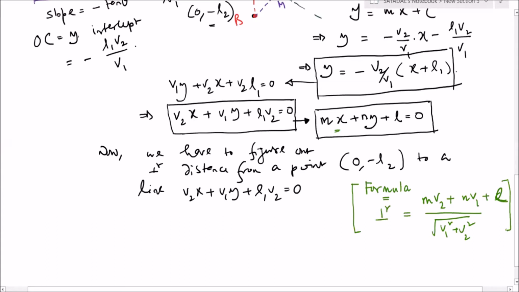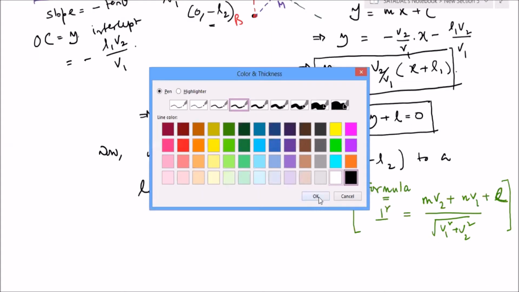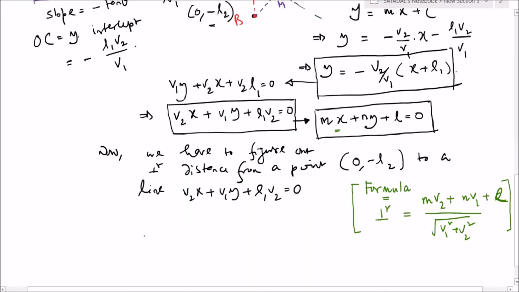Wonderful. Tell me, for the point B, what is the x coordinate? Under 0 into v2 plus, point B, what is the y coordinate? Minus L2, plus L1 v2, divided by v1 square plus v2 square.